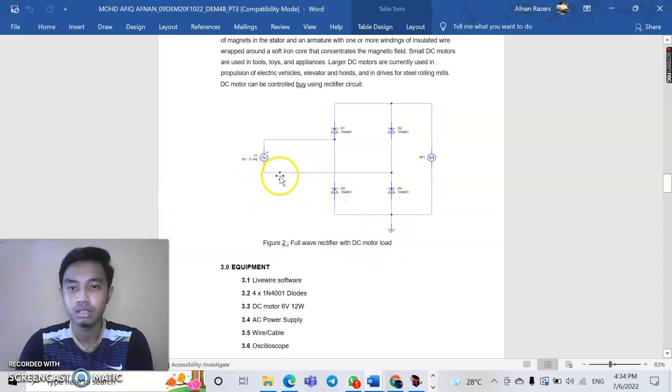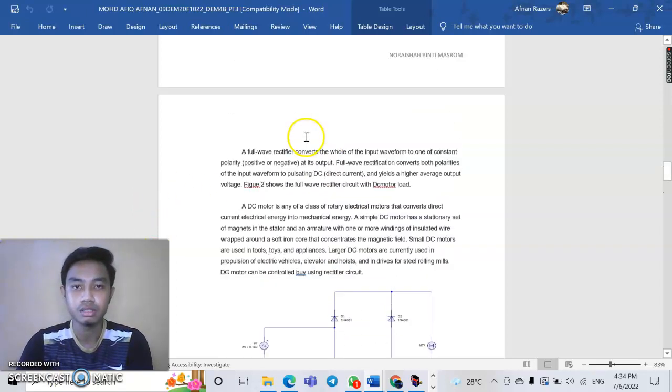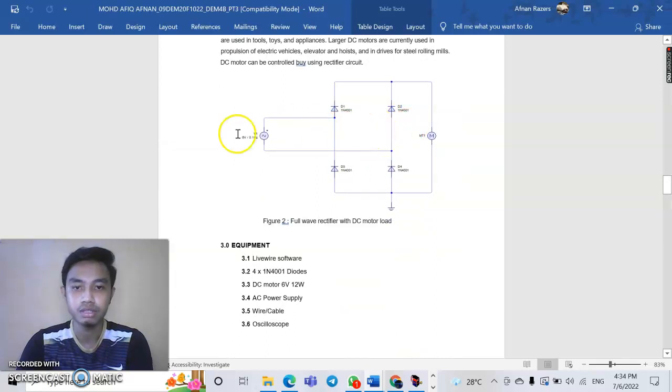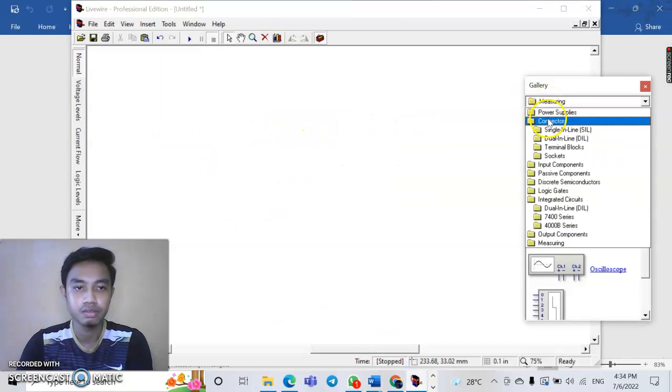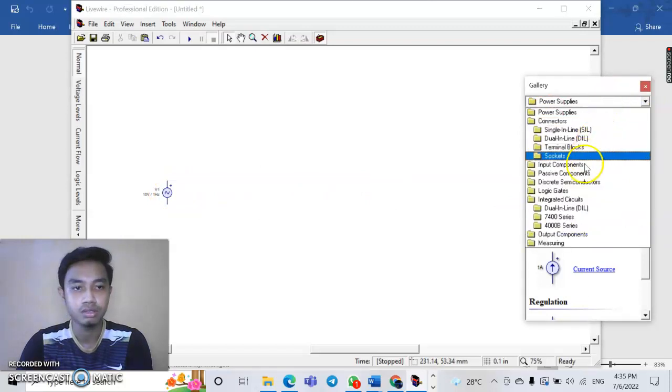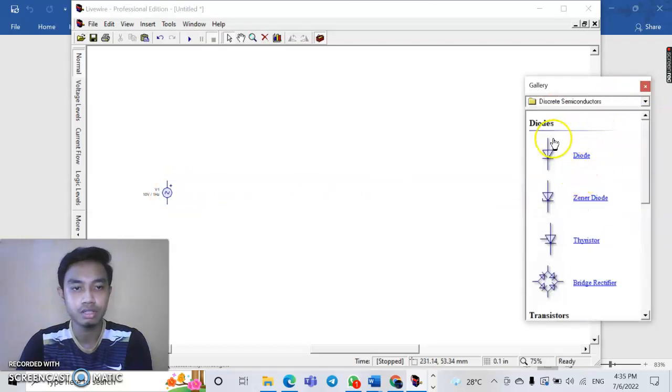The items are the same as the first circuit, but here we need 4 diodes. First thing first, go to the power supply and get the AC voltage source. Go to the discrete semiconductor and get 4 diodes.